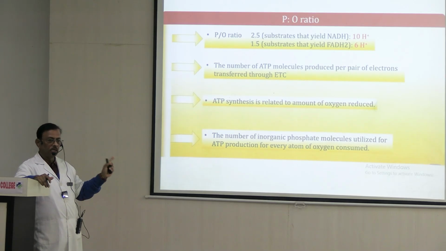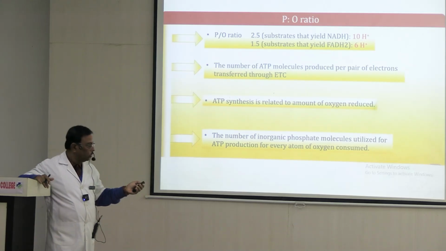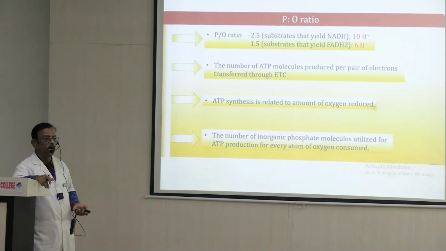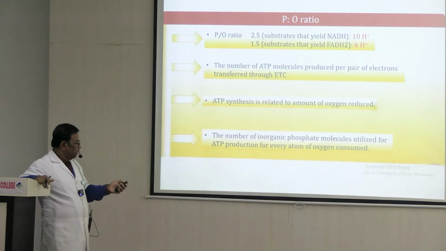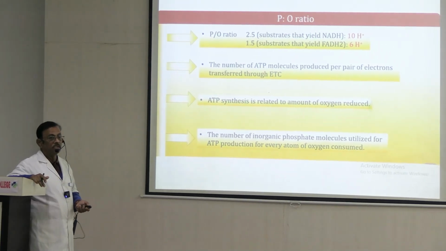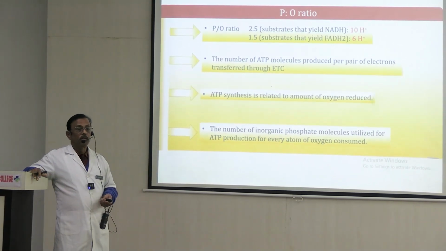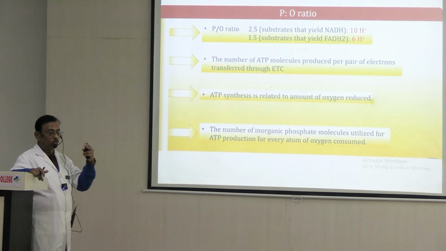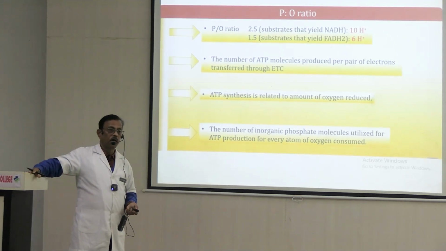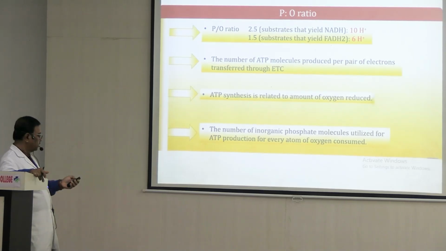Now for synthesizing ATP, how many protons are required, and so how many ATPs are generated by NADH, and how many ATPs are generated by FADH2. So mention that the number of ATP generated by NADH and FADH2, that is 2.5 and 1.5 respectively, are the PO ratio of these two reducing equivalents.